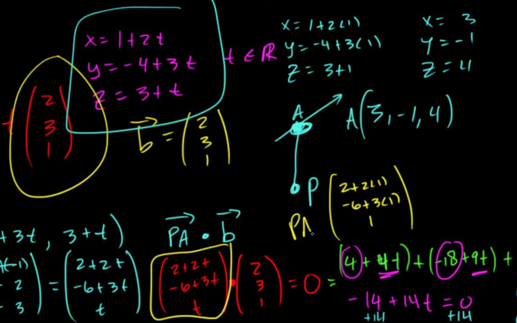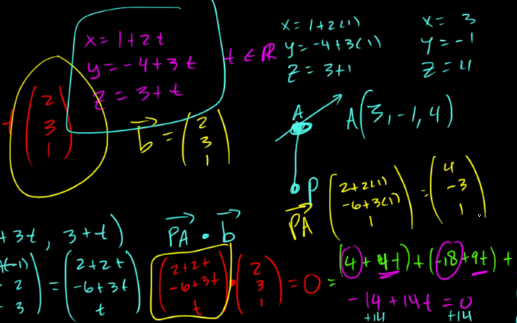Once again, this is PA at that specific moment. So 2 plus 2 is going to give us 4. Negative 6 plus 3 is going to be negative 3. And then we just have 1.